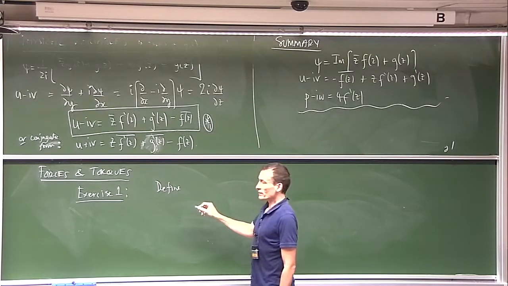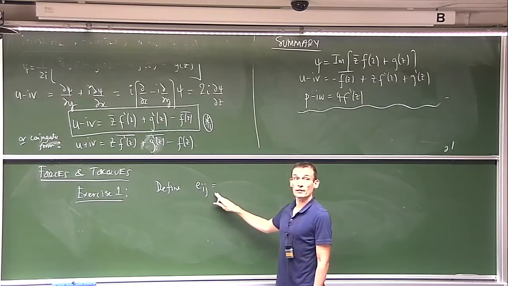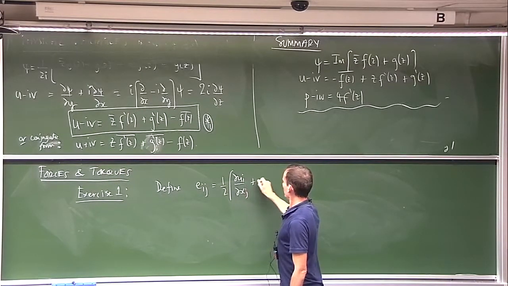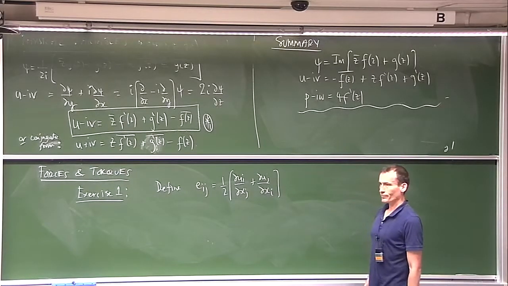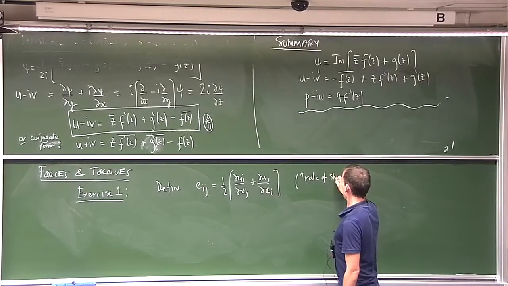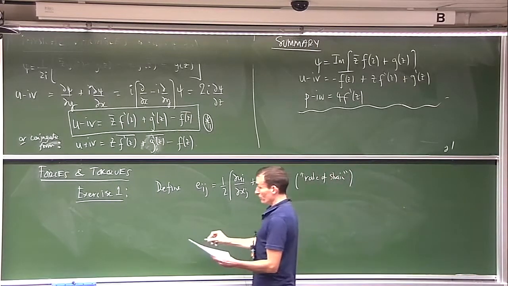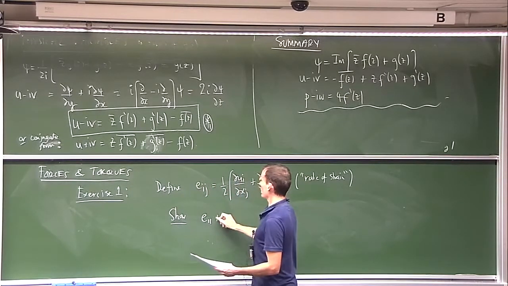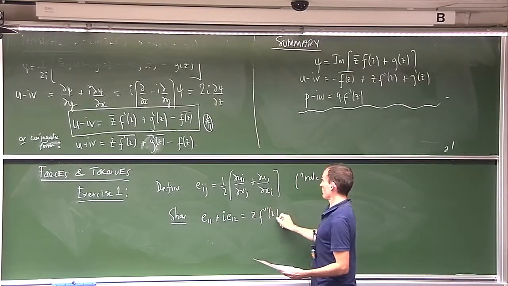If you're a fluid dynamicist, you will have seen this tensor before. It's called the rate of strain tensor in fluid mechanics, and it turns out that you can show, this is the exercise, that E11 plus i E12 is z f bar bar prime bar.